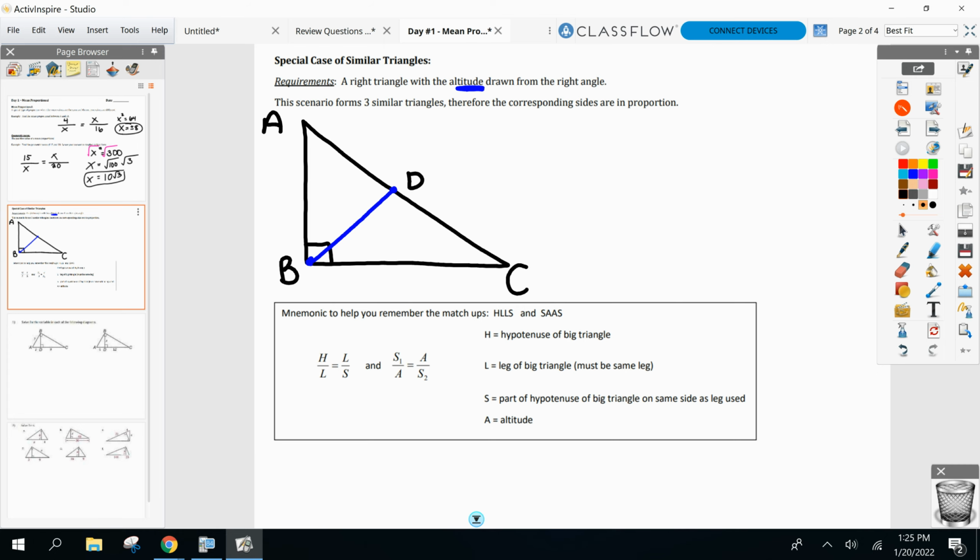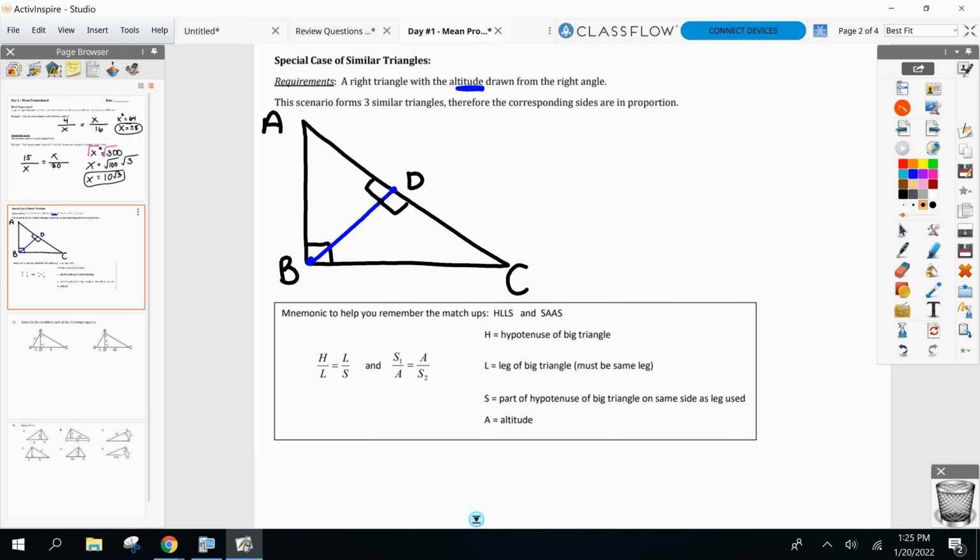Can you tell me, if you don't remember your vocab, what markings can I put on my diagram if that's an altitude? Right angles, yes. Altitudes form right angles. So I have right angles here and here. Does everyone see my diagram? A right triangle with an altitude drawn to the hypotenuse. How many triangles are in this diagram?